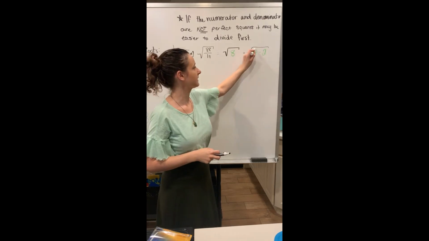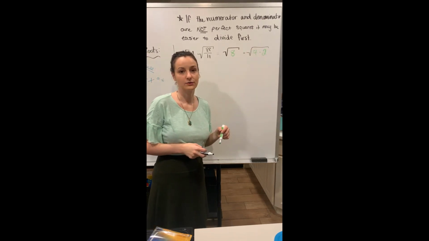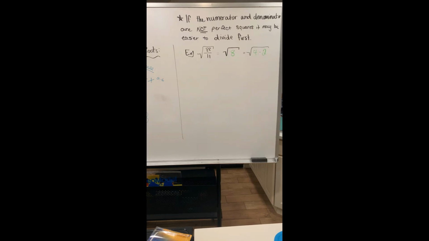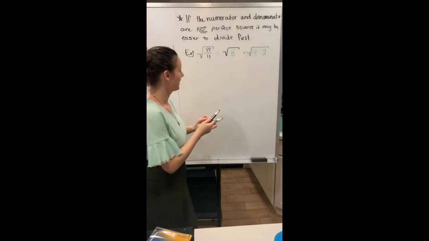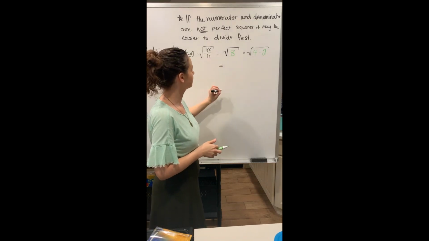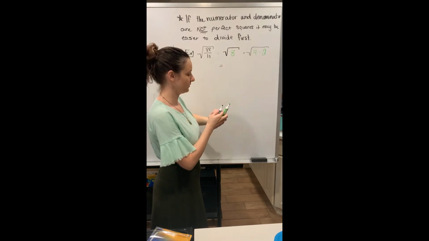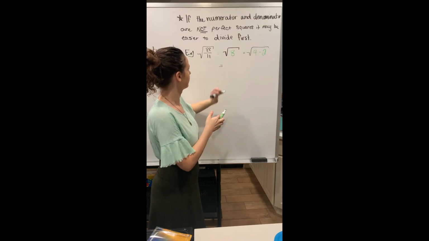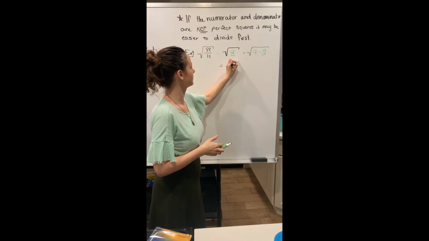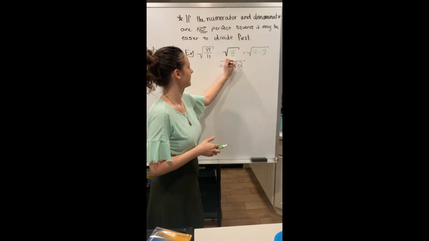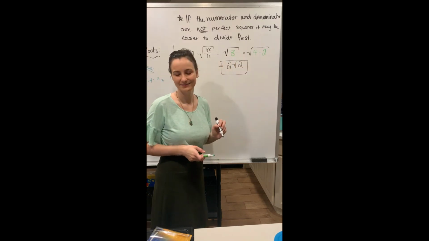And this is nice because, again, 4 is a perfect square. And so now this answer becomes 2 square root of 2.